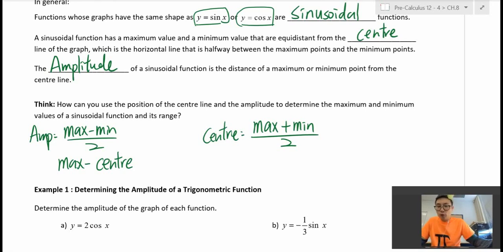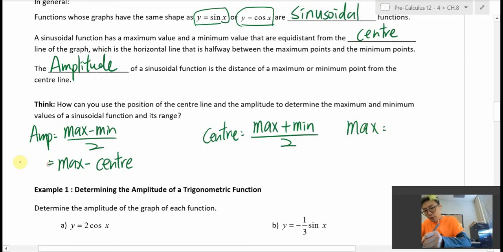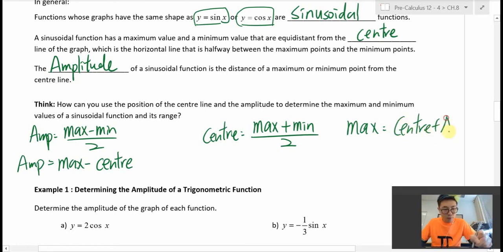Now, we could also be given the center line and amplitude to find the maximum and minimum. Basically, you're manipulating this formula. We can find the maximum by taking the center line plus the amplitude.